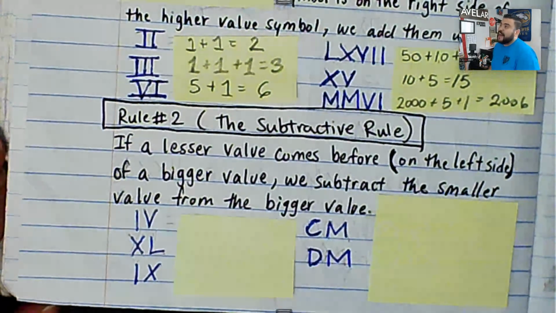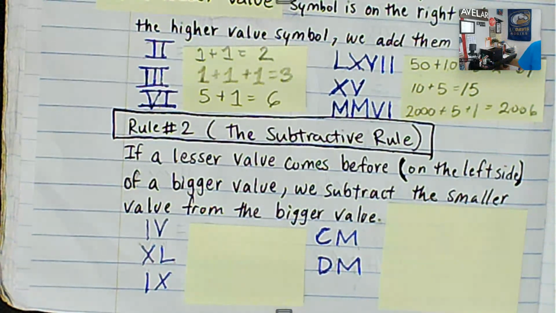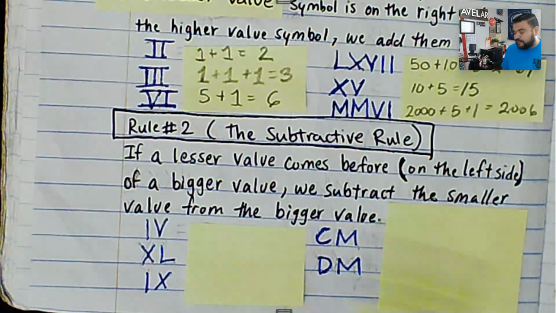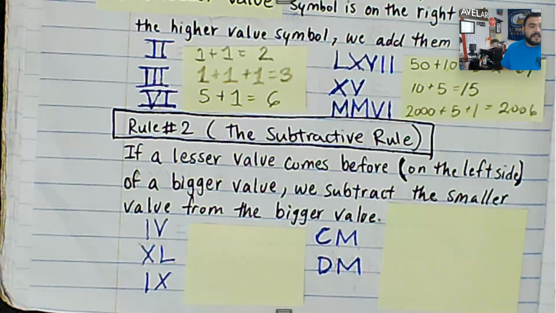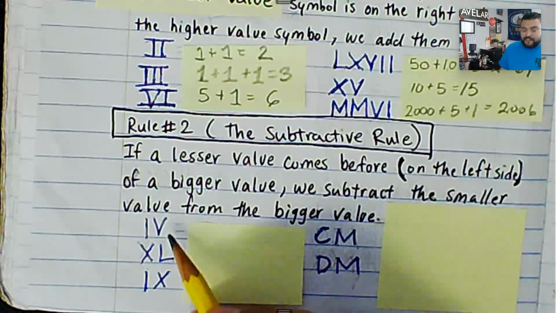Now we have the subtractive rule. The subtractive rule is if a lesser value comes before a bigger value, so if the smaller one is on the left side of the bigger one, we subtract the smaller value from the bigger value. For example, 4 is not 4 tallies. 4 is a 5 with a tally to the left.